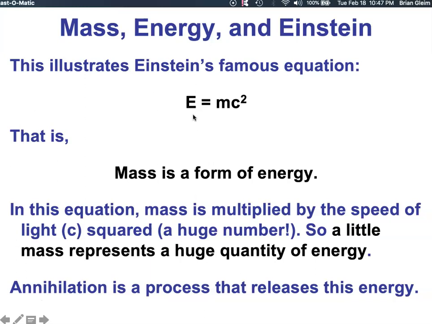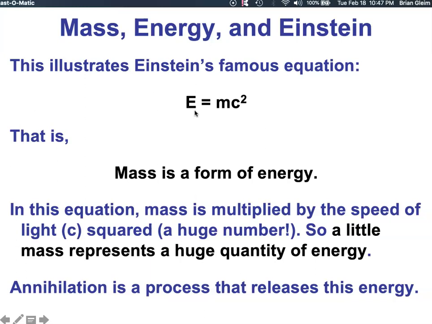Mass is just another way that energy happens in the universe. And you can take mass, like a proton and an antiproton, and completely convert them into energy, and those become gamma rays. They become high energy photons that shoot out from where the matter and the antimatter annihilated each other.